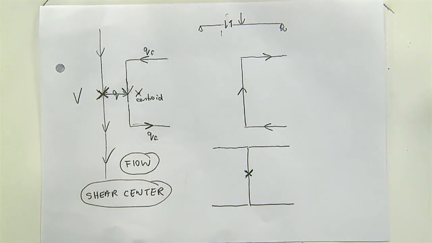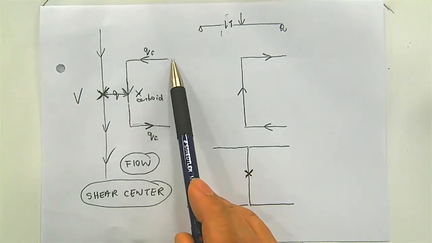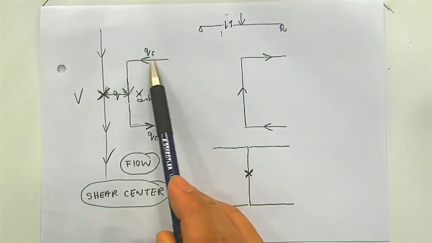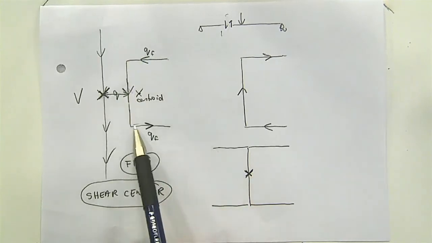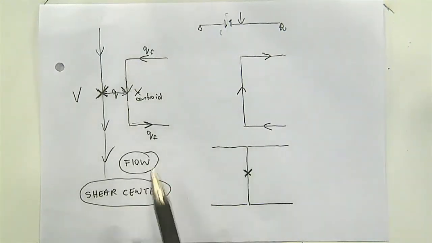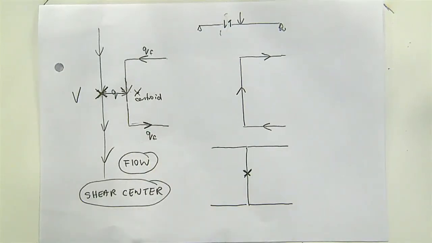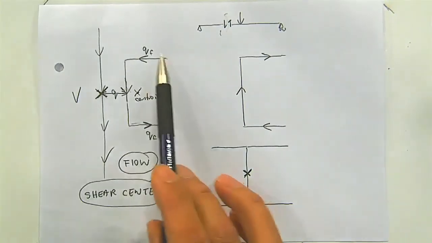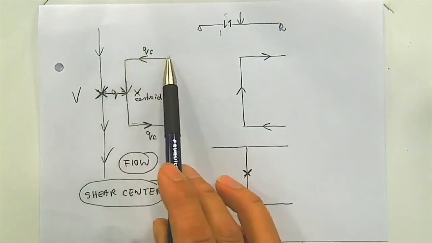So that's why there's an analogy with flow. Imagine if you had some water up here, the water would flow through the flange, down the web, and then back out here. So imagine if that's a pipe, hence the word flow. That's just a way that might help you think about how the shear flows through the section.